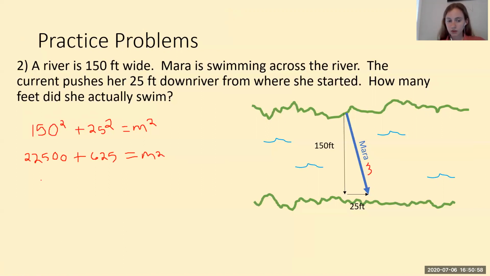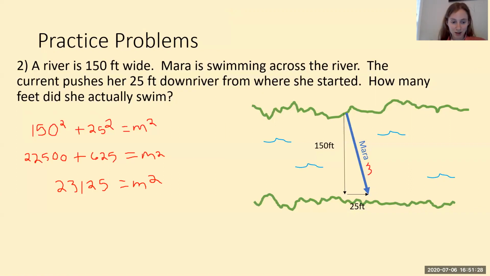And then when we add those together, we get 23,125. So the distance that she swam squared is equal to 23,125. Now, thankfully for poor Mara, that is not the final answer, right?